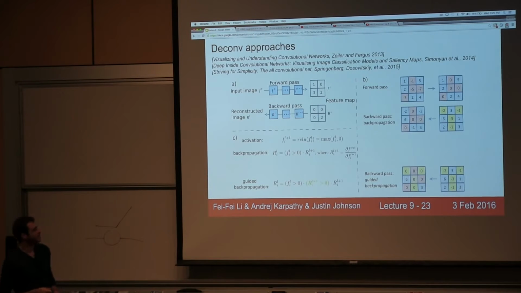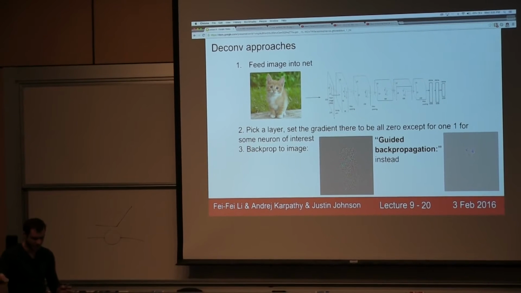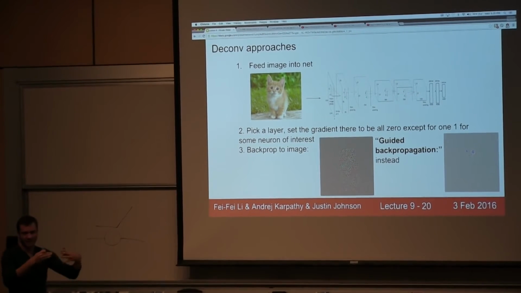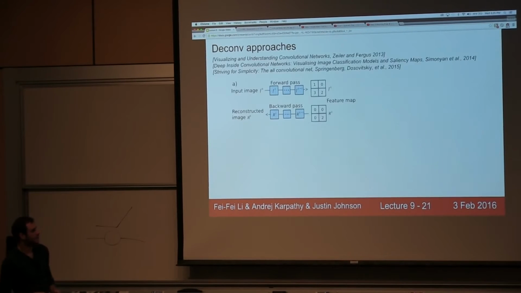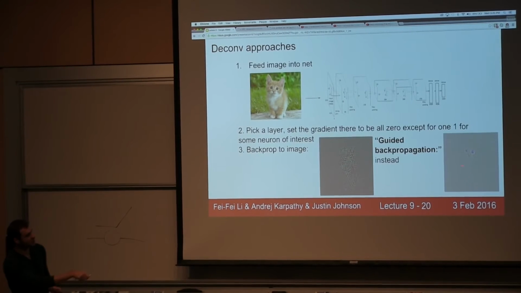So the reason you get weird looking things with backpropagation is that you have all these paths of influence, some of them positive and some of them negative, from every single pixel to the neuron we're trying to see what activates it, and they end up canceling out in a weird interference pattern. And so what we're doing in guided backprop is we're only keeping the positive influences and only backpropagating those through, and then you end up with much cleaner images.